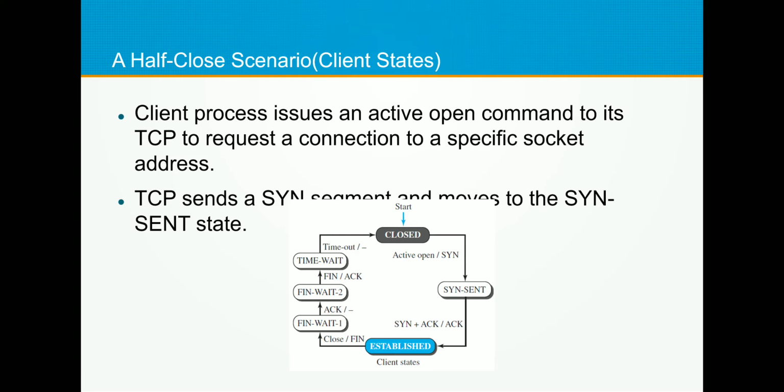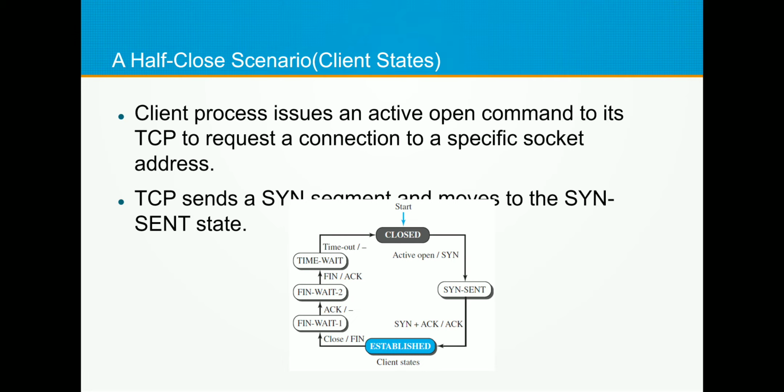After sending the SYN segment, it now moves to the SYN sent stage that you can see in the diagram, and it waits for the acknowledgement from the server side, and it continues till it receives an acknowledgement.